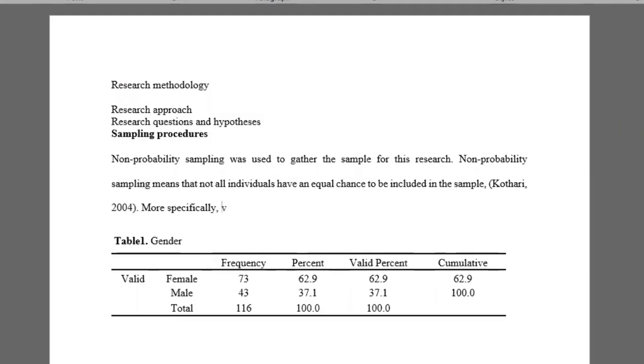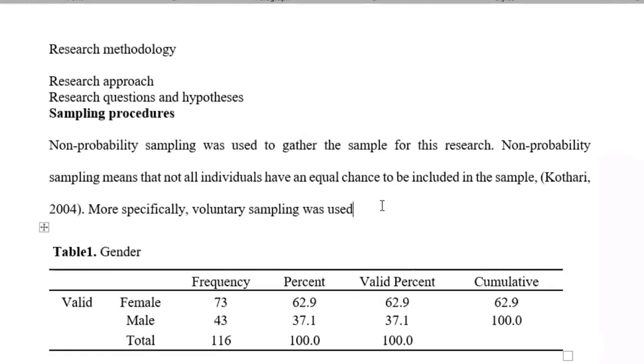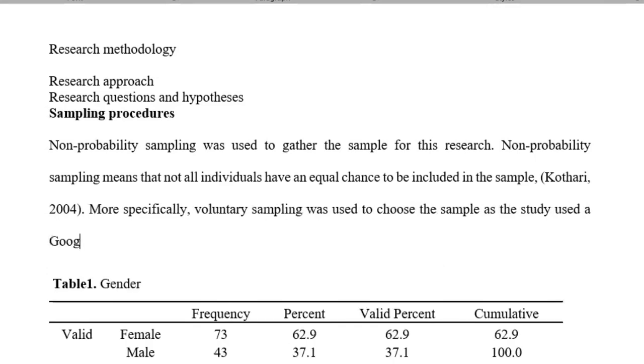So we can say voluntary sampling was used to choose the sample as the study used a Google Form online survey.